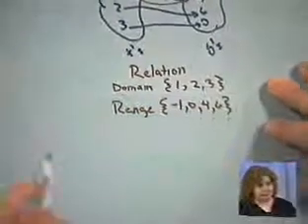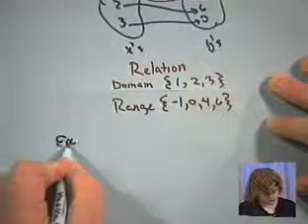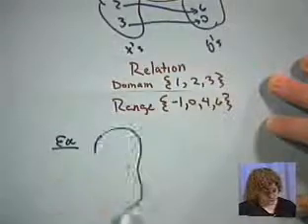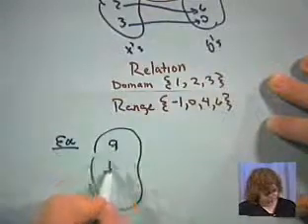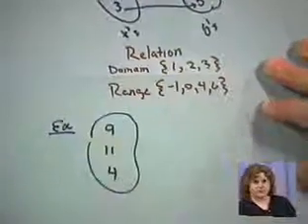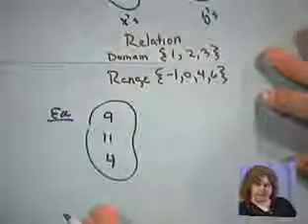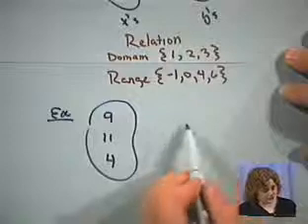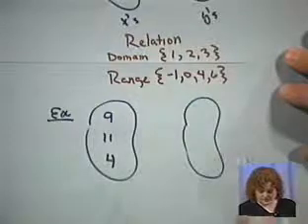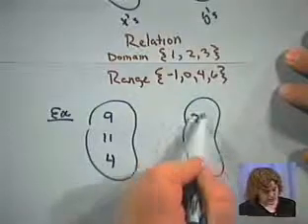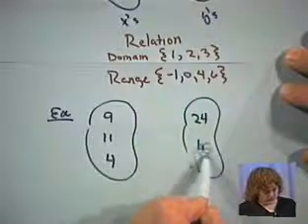Let's look at another example. Let's take 9, 11, and 4, and by now you're probably picking up that we're writing our x coordinates or x values on the left and our y values on the right. We'll take a 24 and a 15.